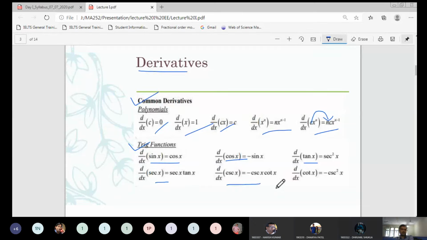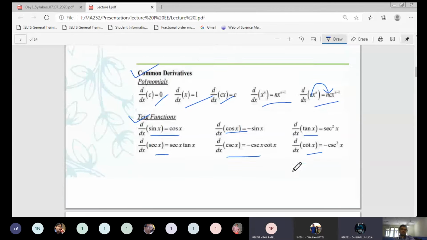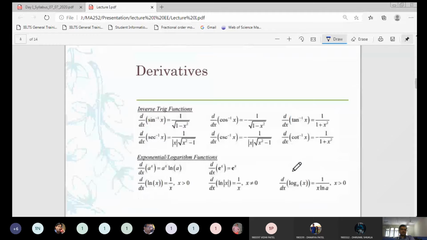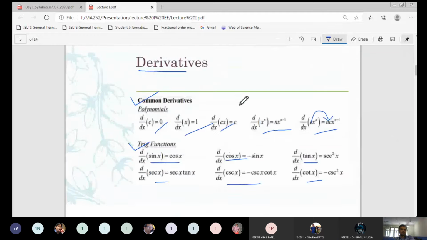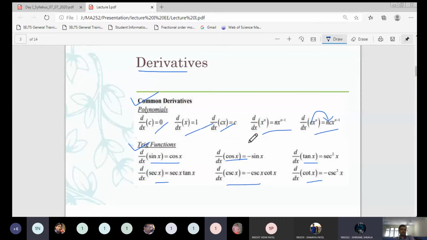Derivative of cosec x is minus cosec x cot x. Derivative of cot x is minus cosec square x. Is there any problem in the second slide? No, sir.